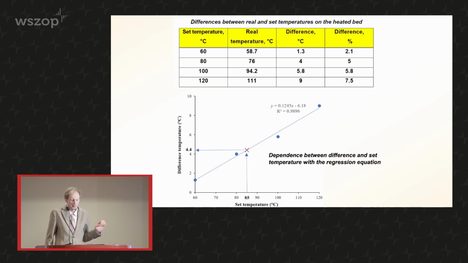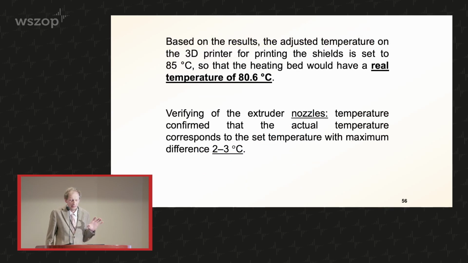And based on the results, the adjusted temperature on the 3D printer for printing the shields is set to 84 degrees Celsius, and the real temperature for this set temperature is only 80.6 degrees Celsius.